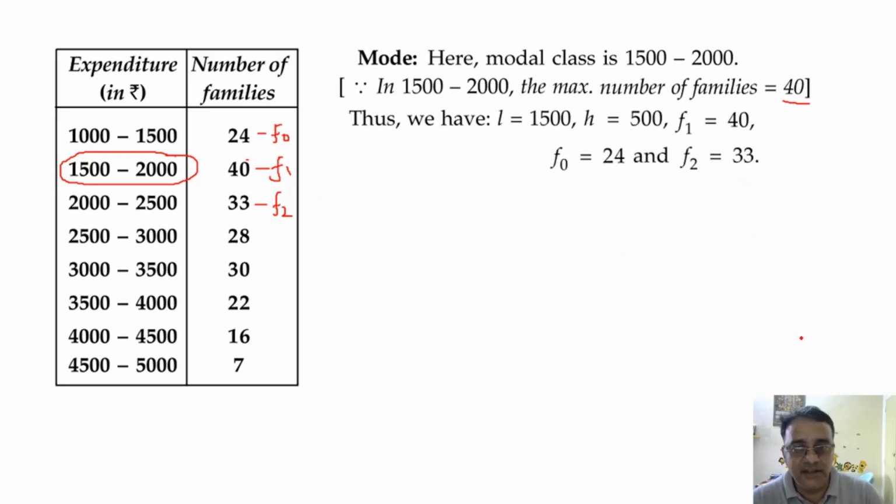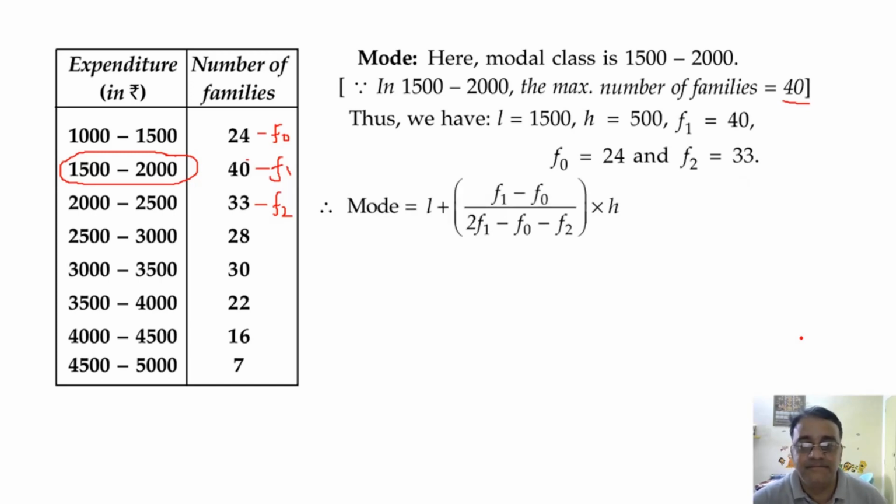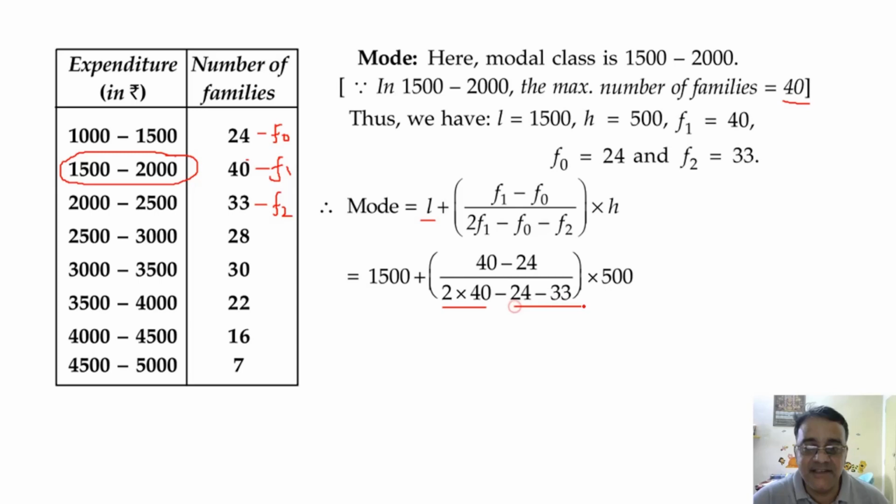So after this we have to write the formula. Now substitute all the values. 1500 plus 40 minus 24 upon 2 into 40 minus 24 minus 33. So ये हो जाएगा 80 minus 57 and this will become 16. Okay, so 1500 plus 16 upon 80 minus 57 into 500.